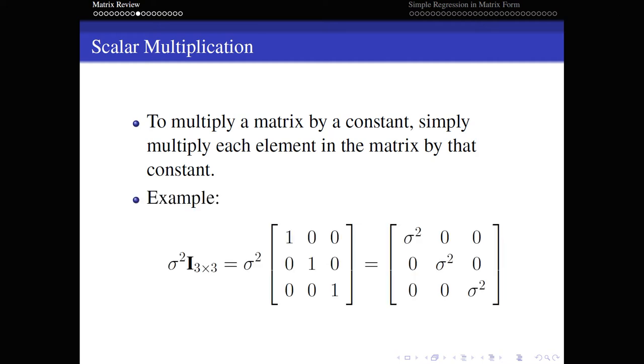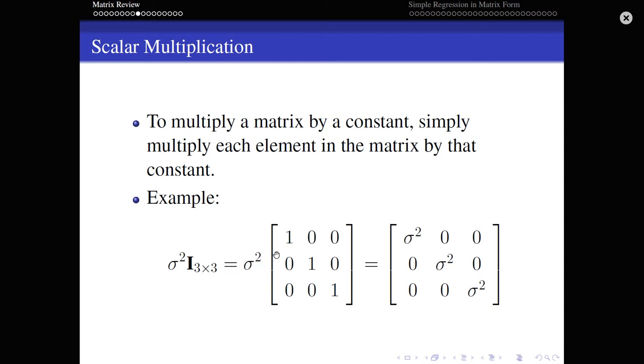So for instance, one of the computations we'll do later in the class is take sigma squared, our estimated error, our population error, and multiply it by the identity matrix. Recall the identity matrix of 3 by 3 is a square matrix where everything is 0 and all the diagonals are 1. And then we take the sigma squared and we multiply a matrix by a scalar.